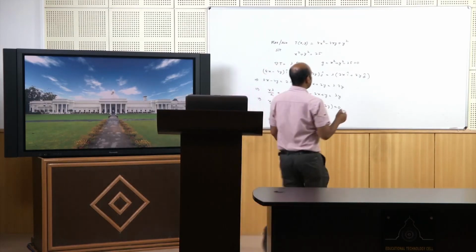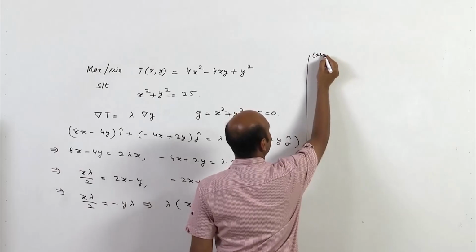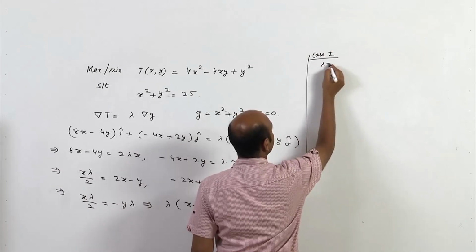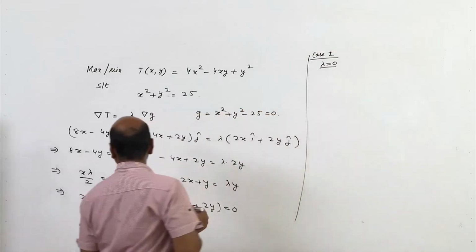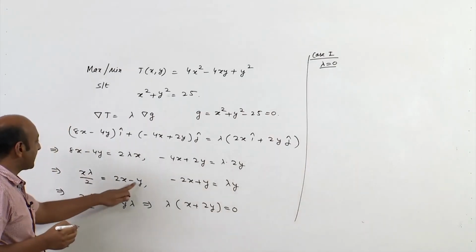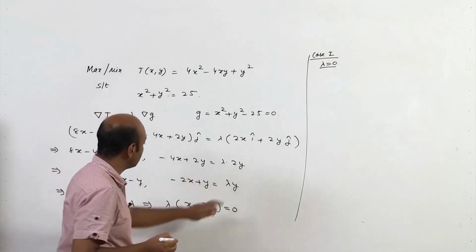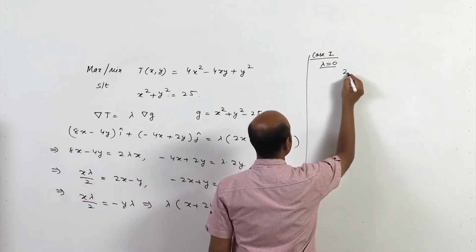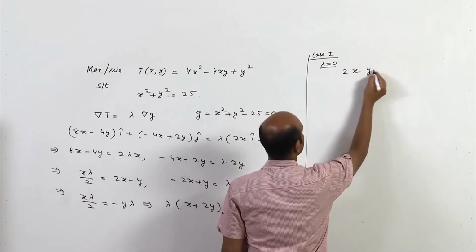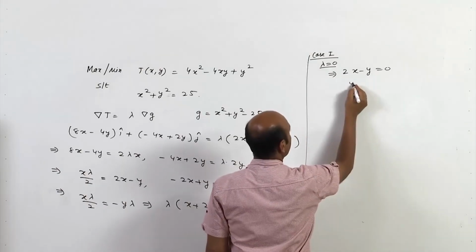So, now we have two possibilities, either λ = 0 or x + 2y = 0. First we will take λ = 0. So, case 1, when λ = 0, this means 2x − y = 0, the same equation obtained from this expression. So, y = 2x.